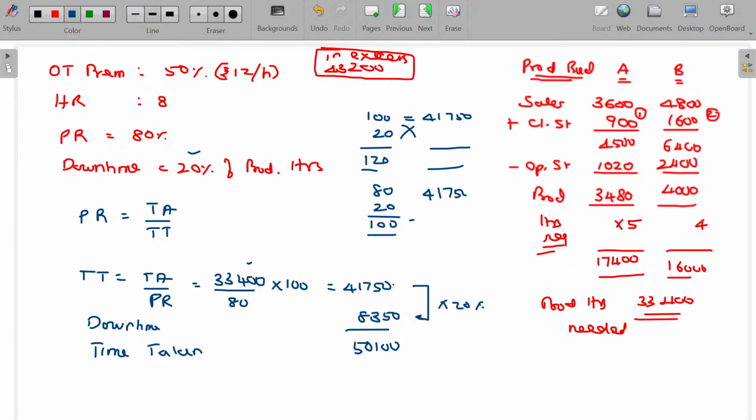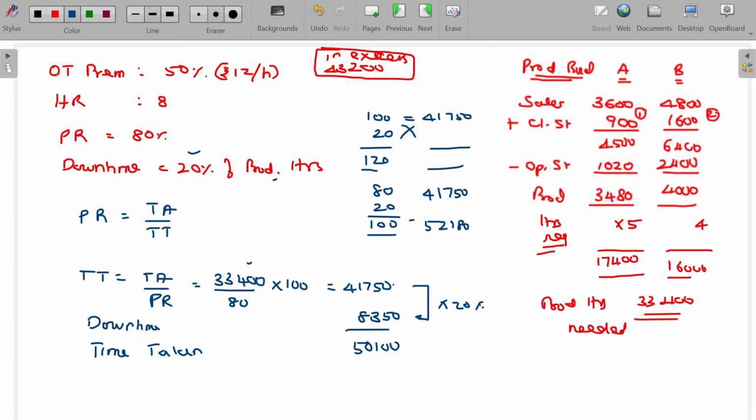Come on, get me the value. 52,180. That was the earlier solution. Both are correct only. No need to worry about that. So it is nothing but 20% profit on cost, 20% profit on sales. That's the approach.